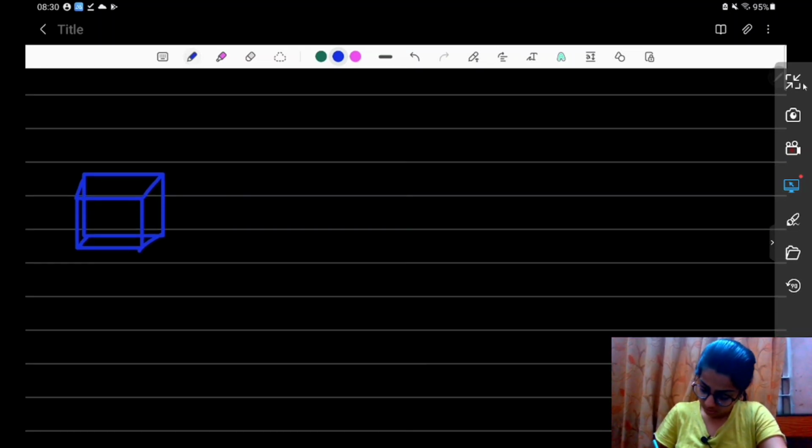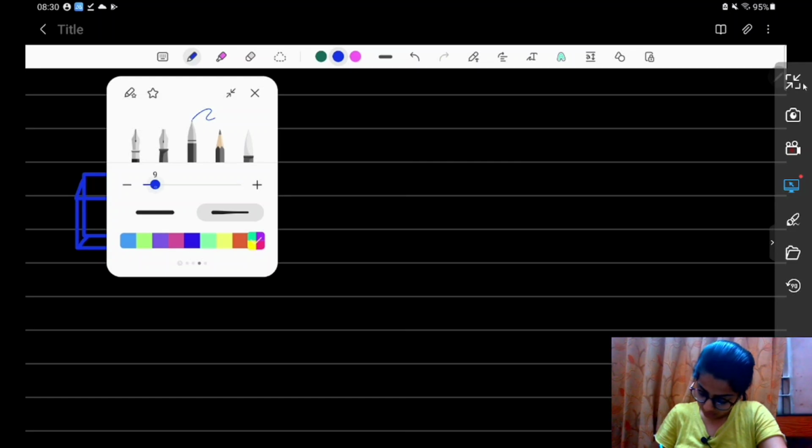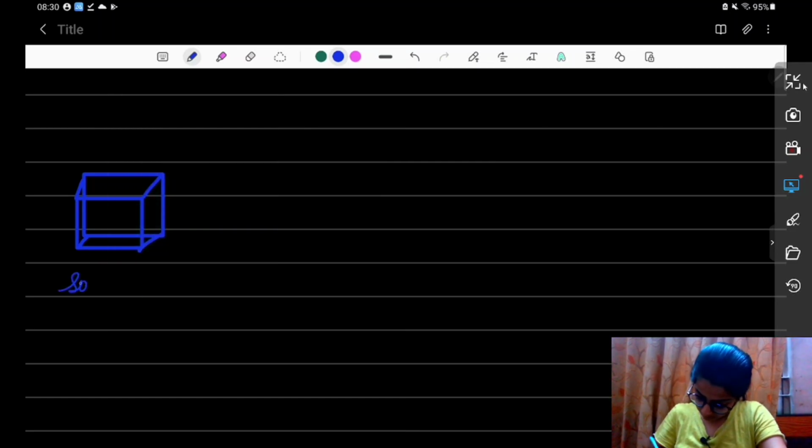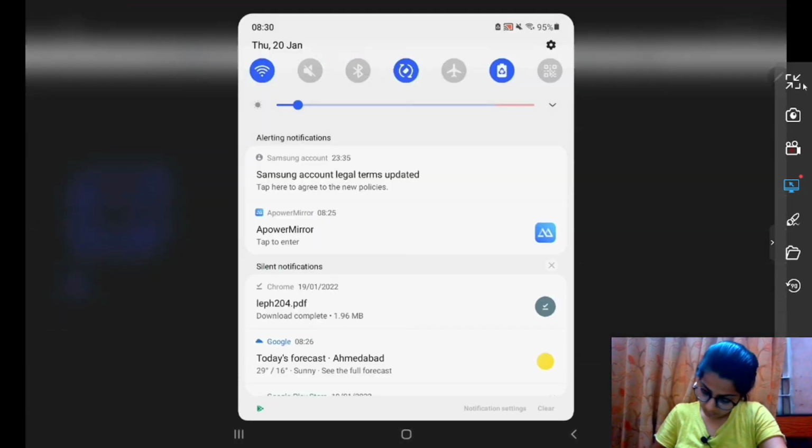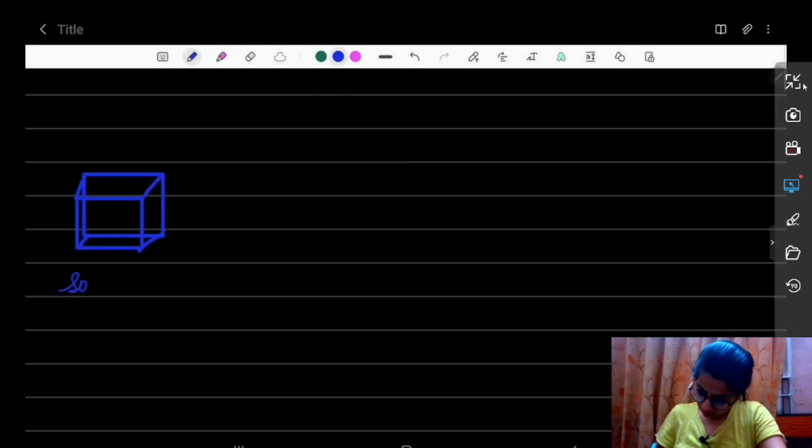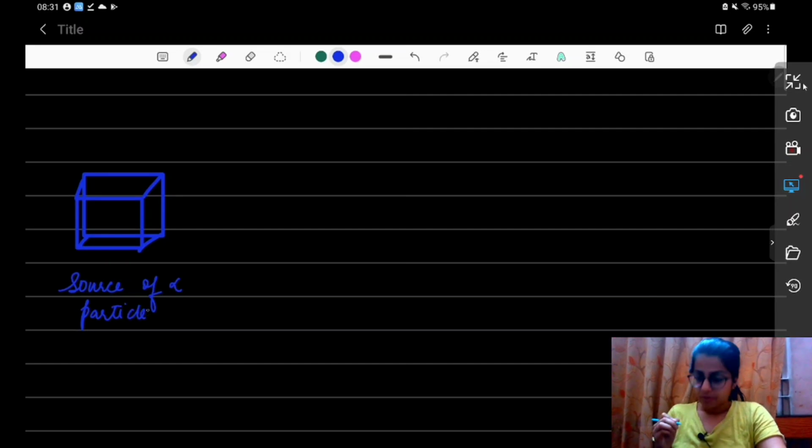So this is the source of alpha particles.